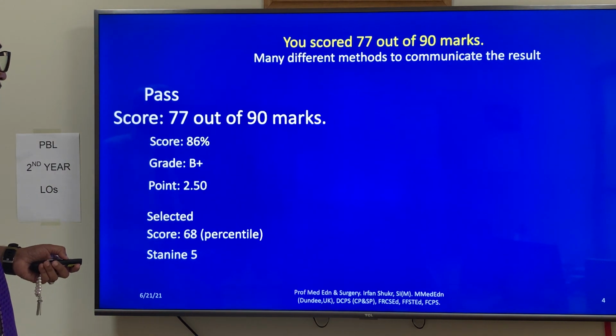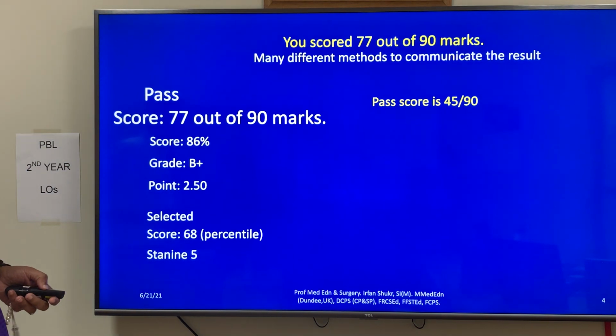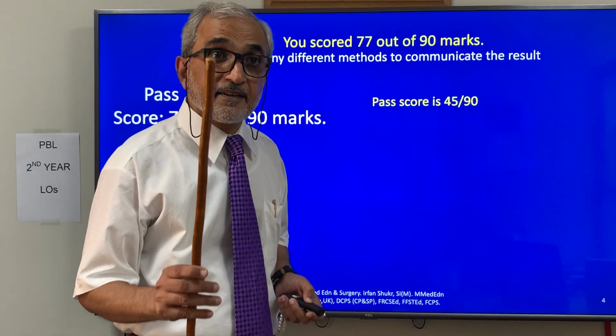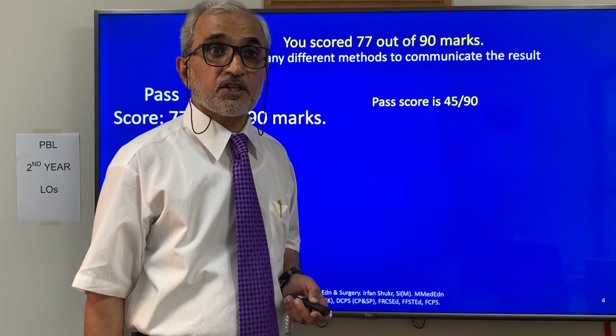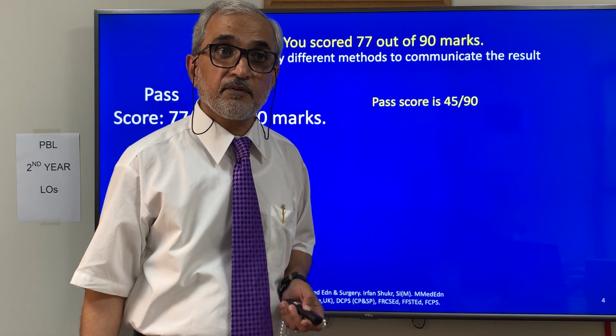Score 77 out of 90 marks. In this case the pass score was 45 out of 90. In other words, the standard setters had decided beforehand that the passing score is 50%, that is 45 out of 90.